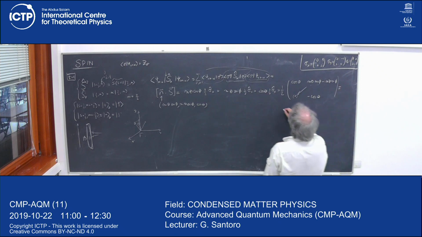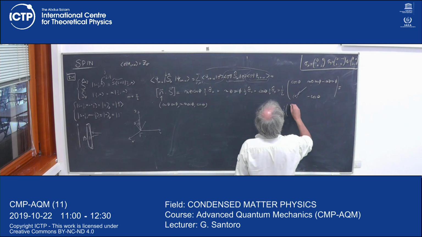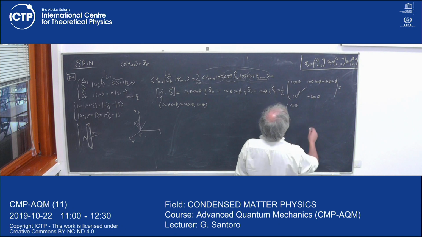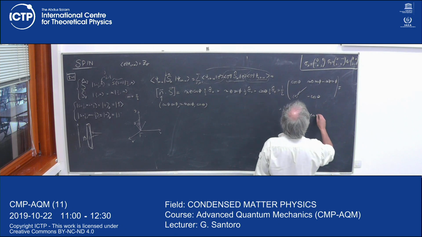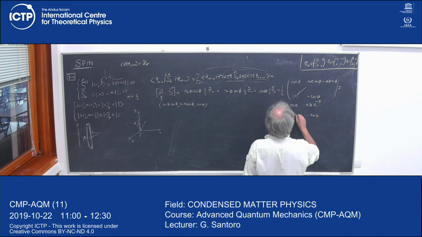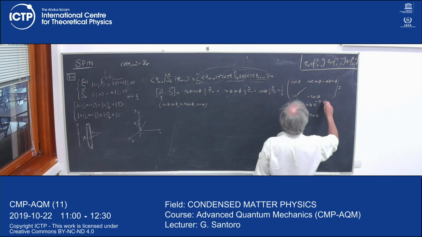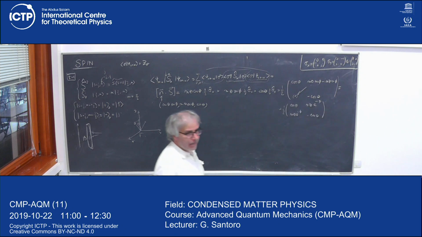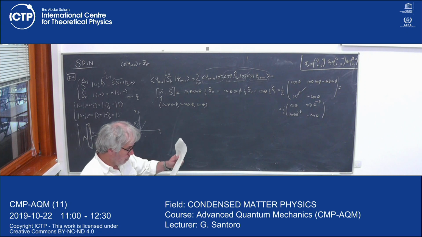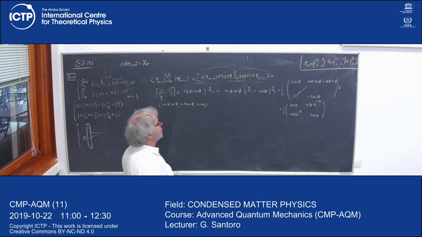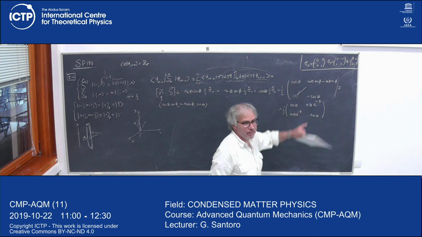What is this? 1/2, cos theta, minus cos theta, and here is sine theta times e to the minus i phi, and here sine theta e to the i phi. Is it clear? This is the matrix of the spin in a generic direction, theta and phi.